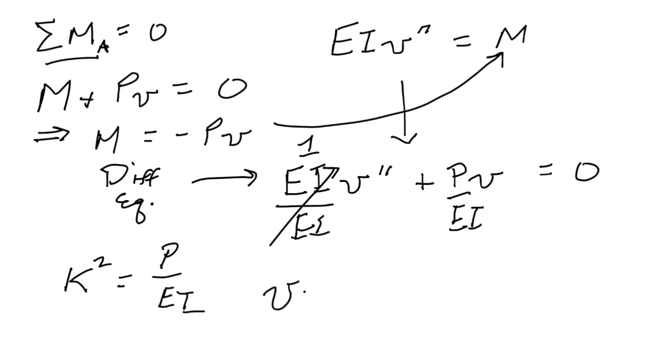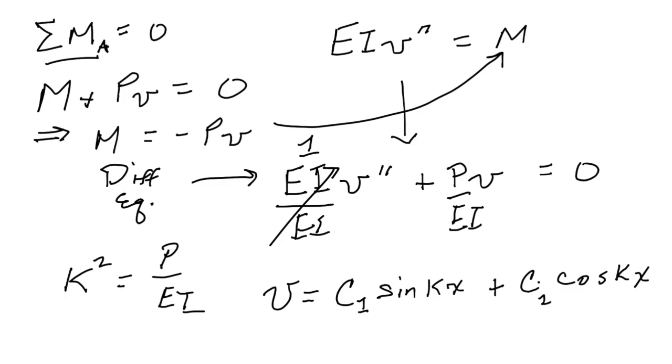Little v is going to be written as some unknown constant C1 times sine of kx plus some unknown constant C2 times cosine of kx. Just like before, we're going to have to solve for these unknown coefficients by looking at the pinned connections. And then we'll have our final solution.